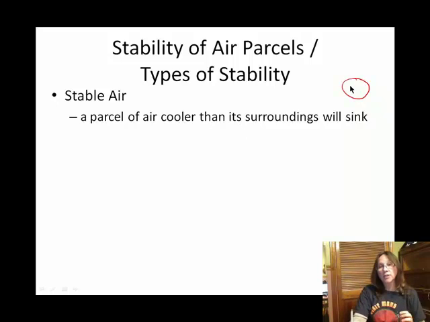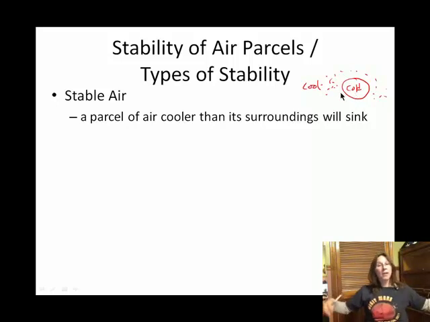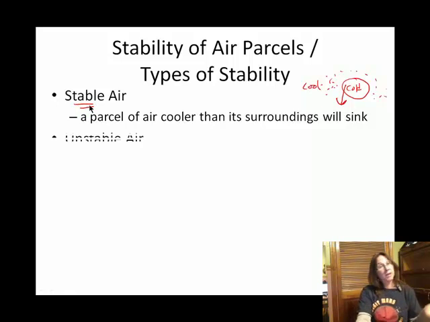So this is my parcel of air, and I'm going to say cold. And the surroundings, I'll just use the word cool. If my parcel of air is cold and my air around it is cool, can you see where this parcel of air will want to sink? We would call that a stable parcel of air.